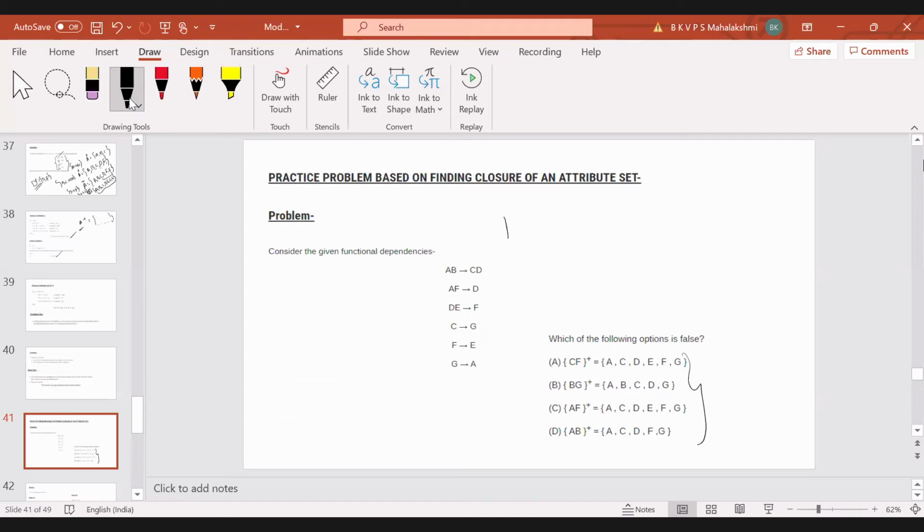Here they didn't give a relation explicitly: A, B, C, D, E, F, G. So the relation consists of all these attributes, and these are the functional dependencies. We have to tell which option is false. That means all the options belong to the closures of some attributes.